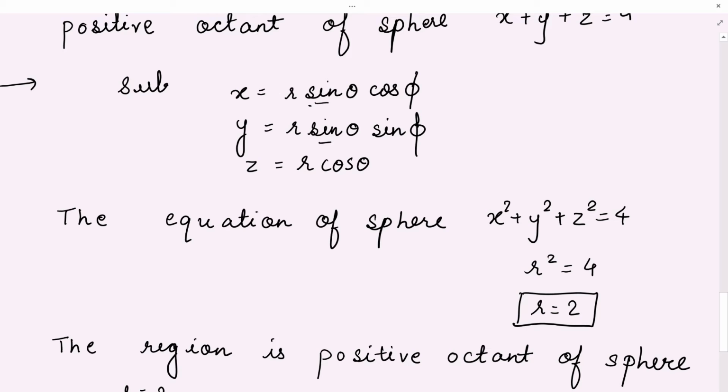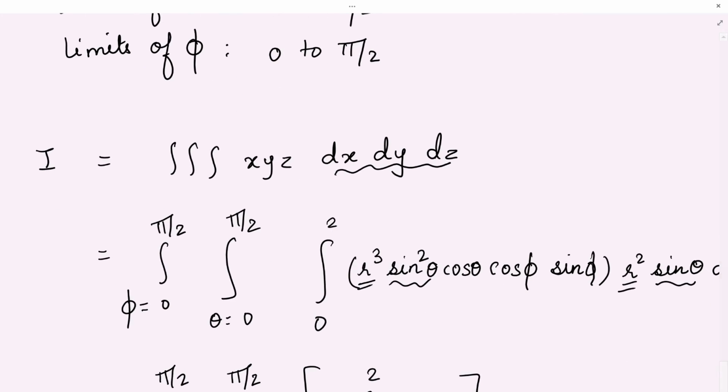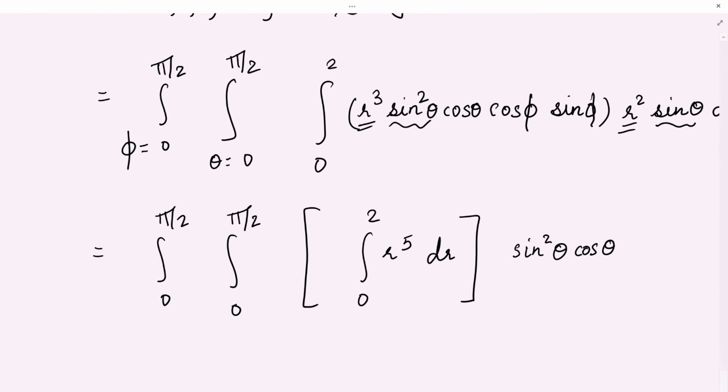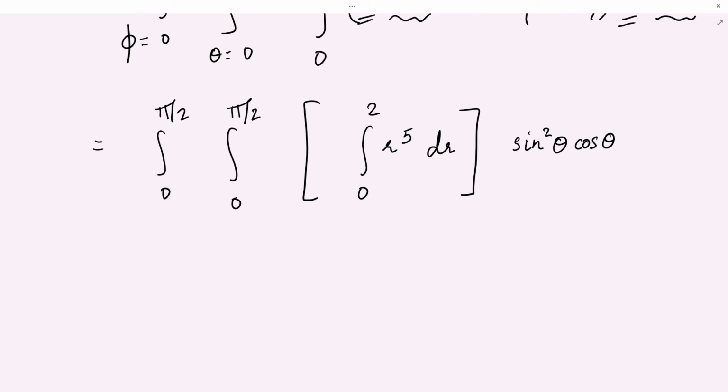So this will become sine square and then cos phi. Fine. So this will be sine square theta into cos theta cos phi into sine phi.